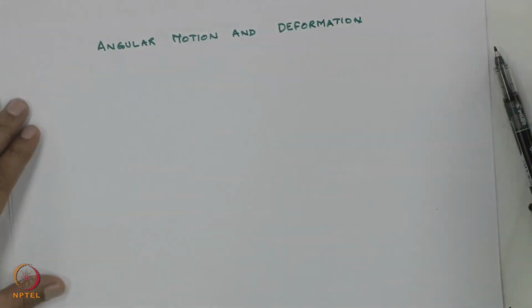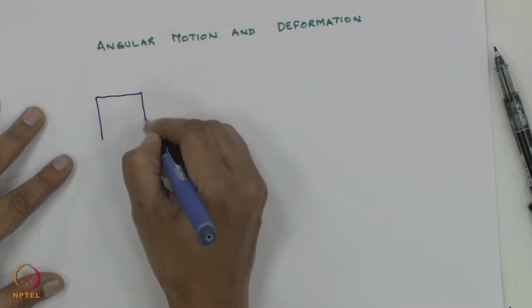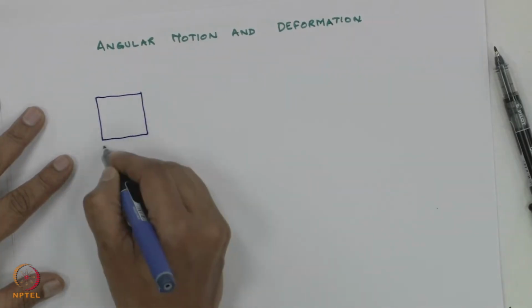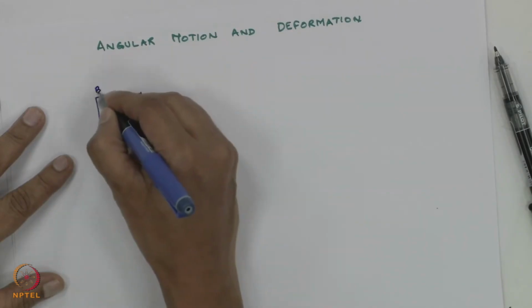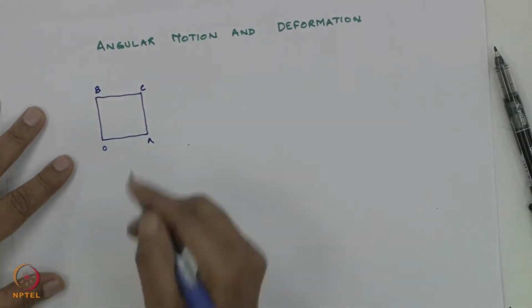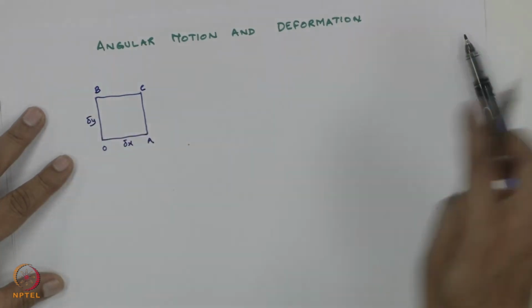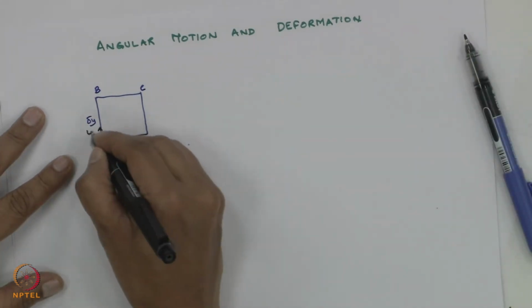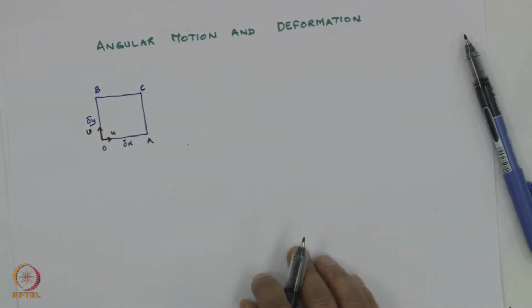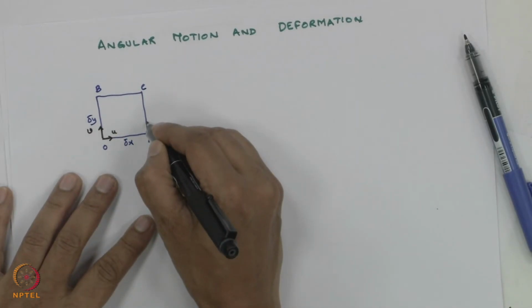So again I am taking the same elemental volume, that is the fluid element volume, that I call O, A, B, C, and this is delta x, delta y. What are the velocities? I have velocity u and this is velocity v. Okay, so what would be the velocity here for v?